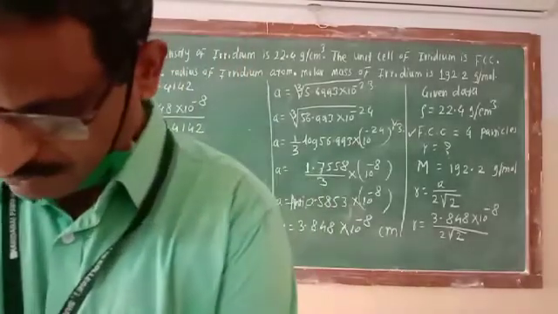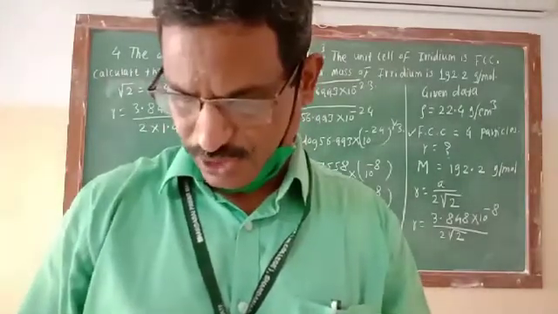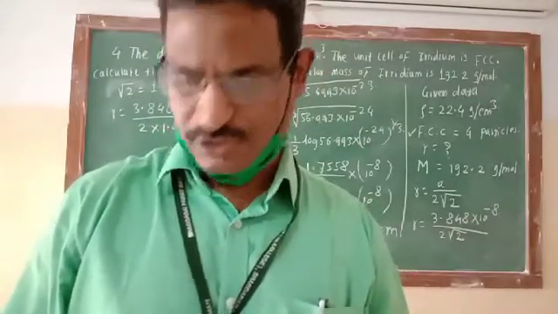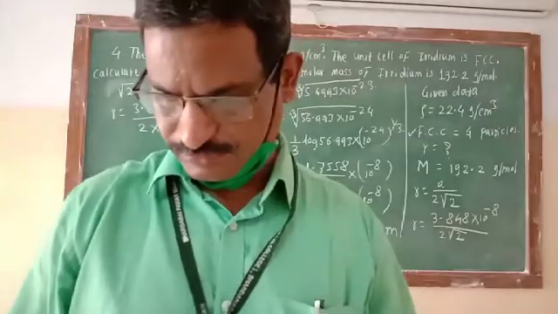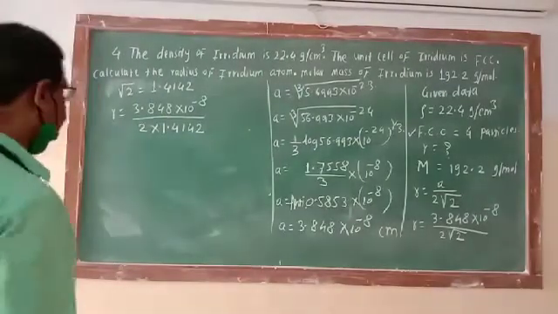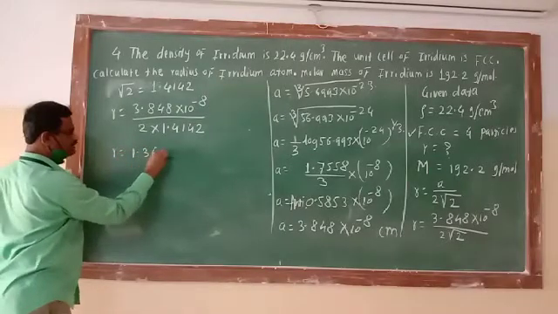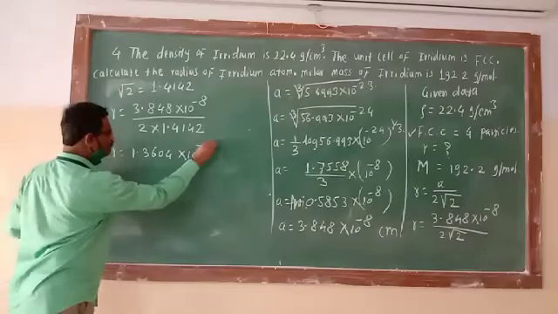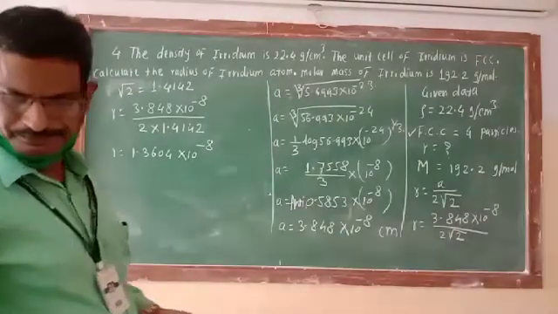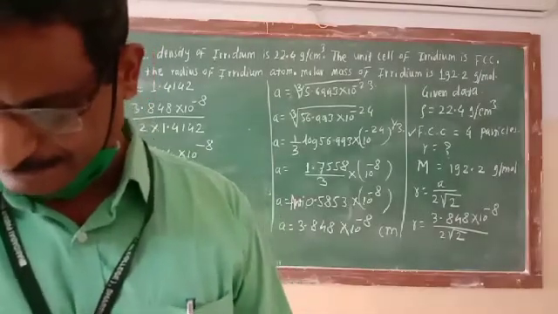Here we have to take the logarithm of numerator, then logarithm of denominator, their subtraction as usual, log of numerator minus log of denominator, and then antilog, so that we will get the final answer, radius 1.3604 into 10 raised to minus 8 centimeter.